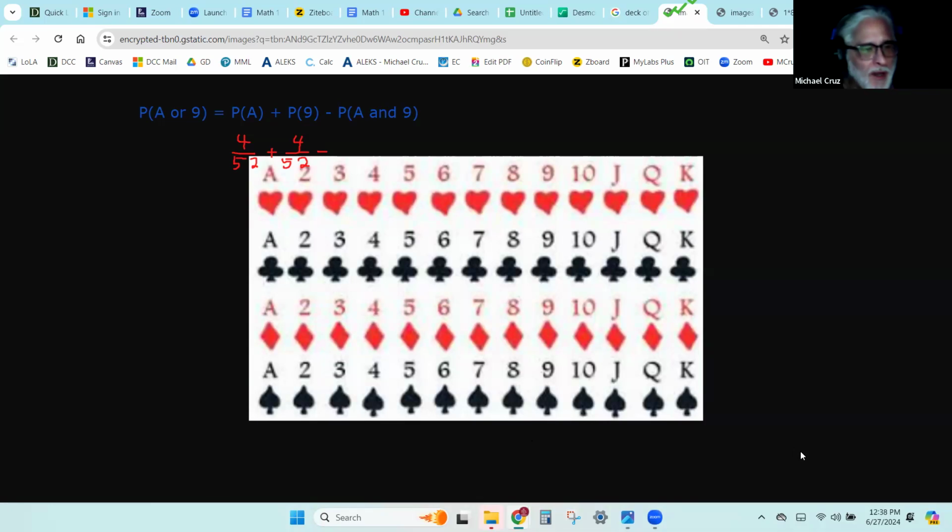In other words, are there any cards in there that are both aces and 9s? We're just trying to find out if these are mutually exclusive. There's no way for a card to be both an ace and a 9. It could be red and a 9. It could be black and a 9. It could be a heart and an ace, but there's no way it can be an ace and a 9 at the same time. There's none of those.